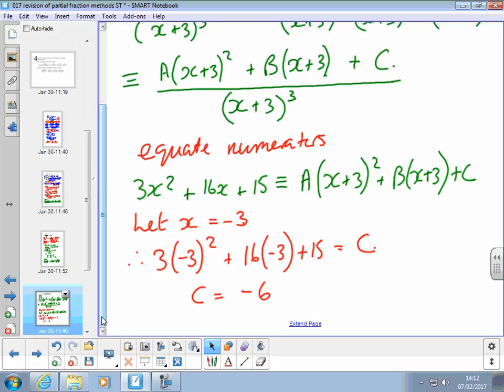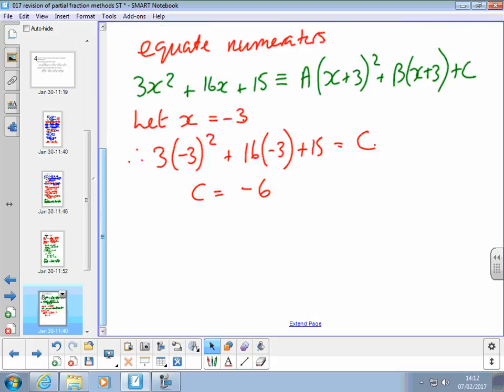So you've got a problem. What you have to do here is multiply out the brackets on the right hand side.